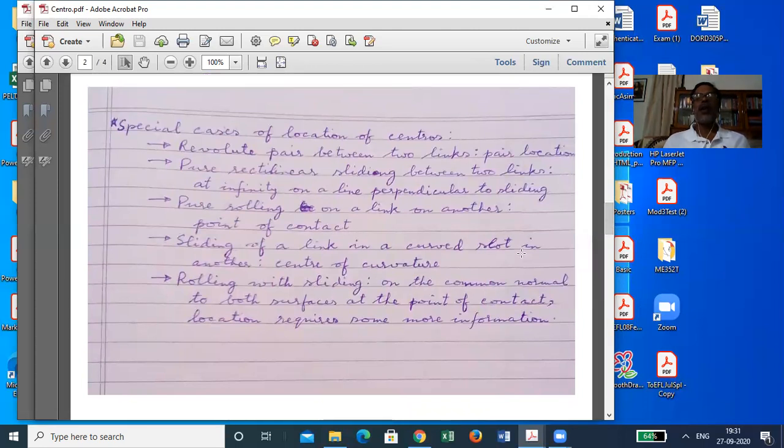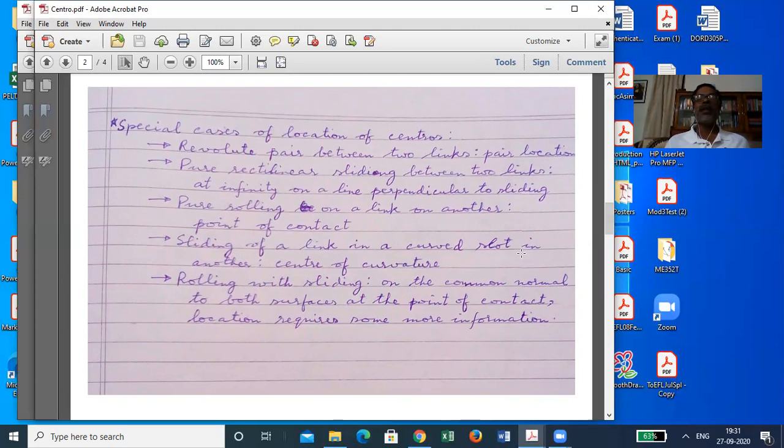Special cases of location of centros. If we try to locate the centro between links i and j, then there are some special cases which immediately make it clear which is the centro.